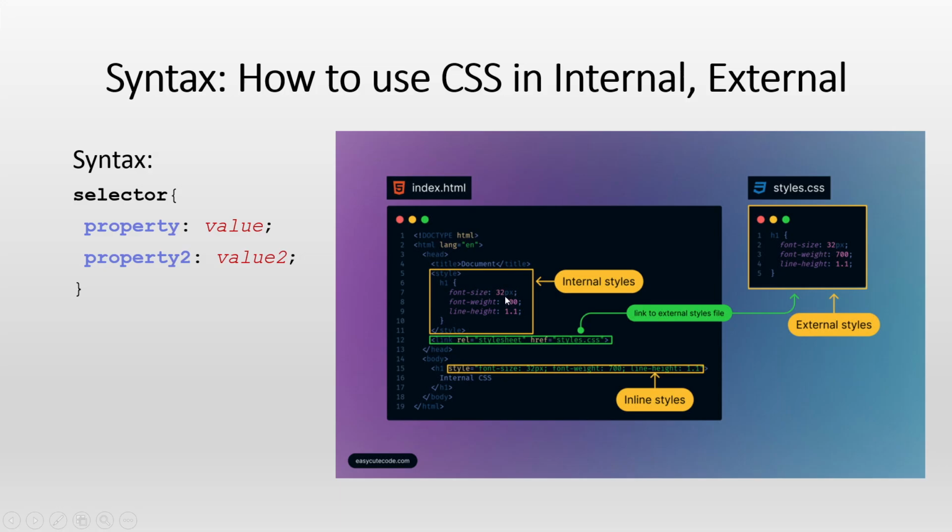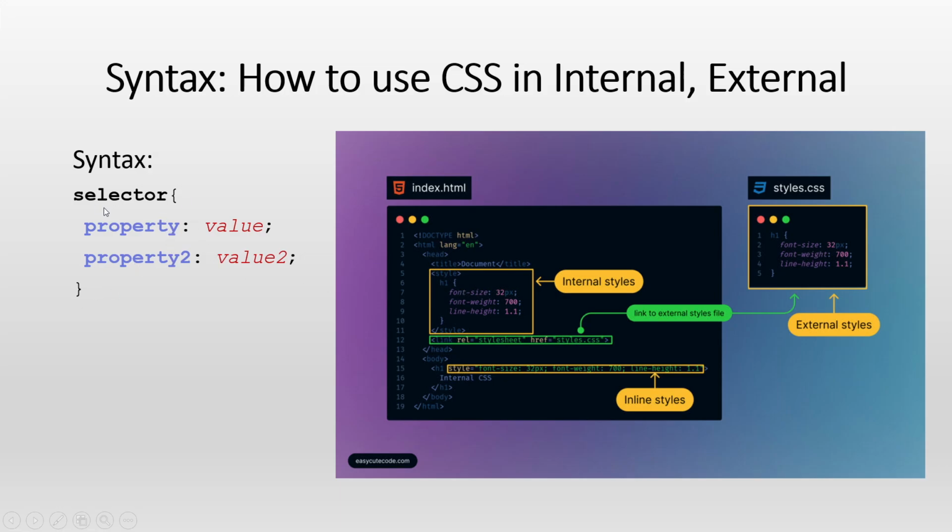The value should be 32 pixels. In a similar way, I have another property, font weight, and it has a value of 700. After that, I have another property, line height 1.1. So these are all properties and values inside the curly brackets.